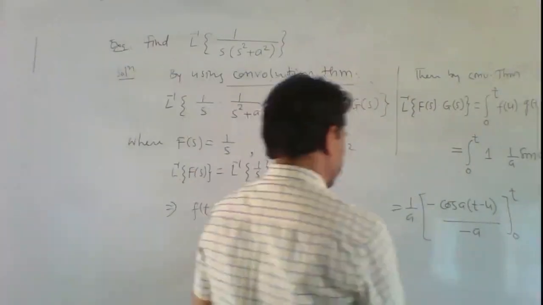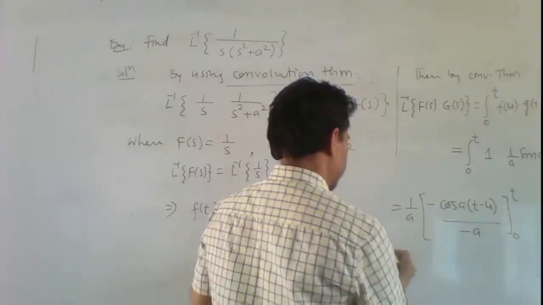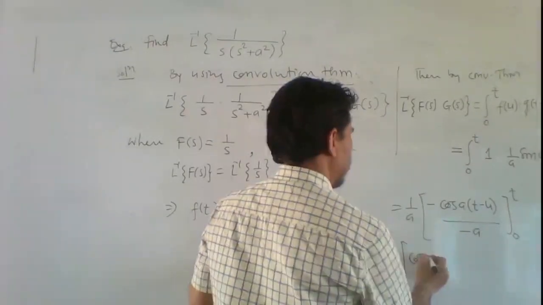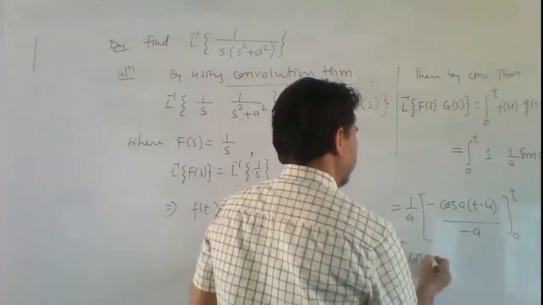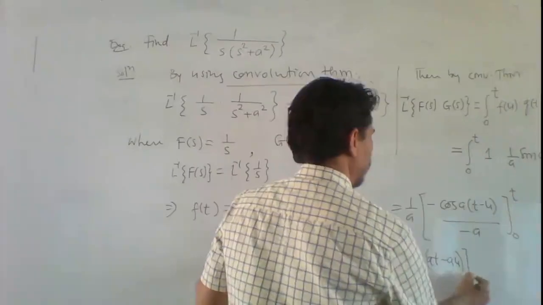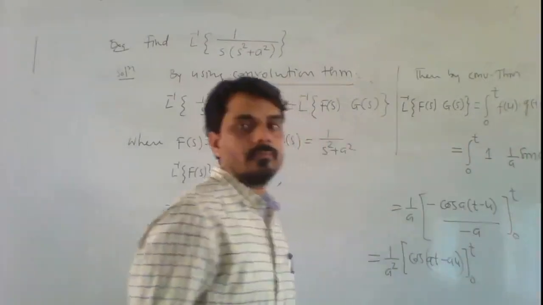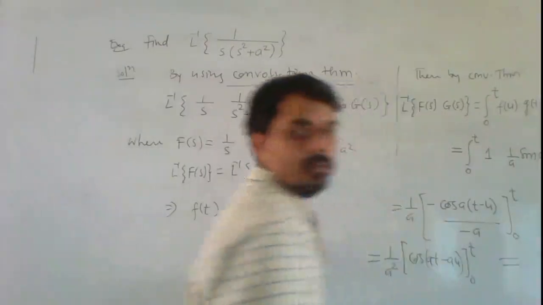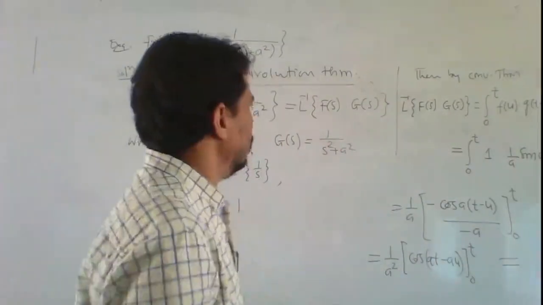It is equal to plus 1 by a square cos of a into t minus u, with limits 0 to t. Apply the limit.